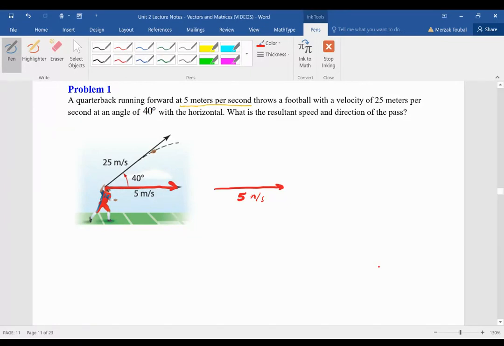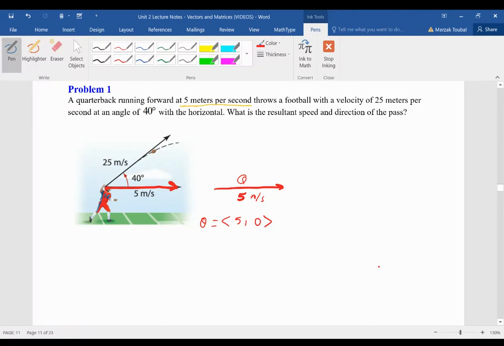If we label this vector with the letter Q, for the quarterback, then vector Q has horizontal component 5, vertical component 0. So we're done with that one.